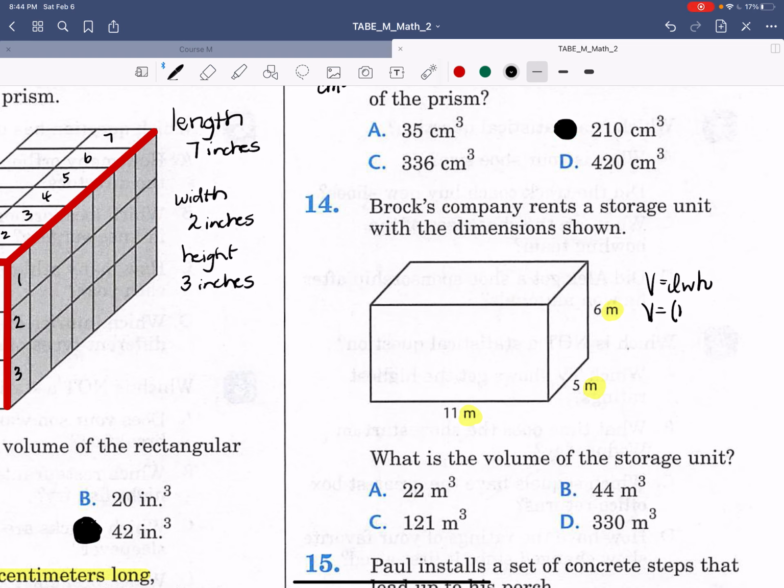The length is 11. The width is 5. So there's 55 times 6. I'm looking, I believe, for 330. But let's make sure. 11 times 5 times 6 is 330 cubic meters.